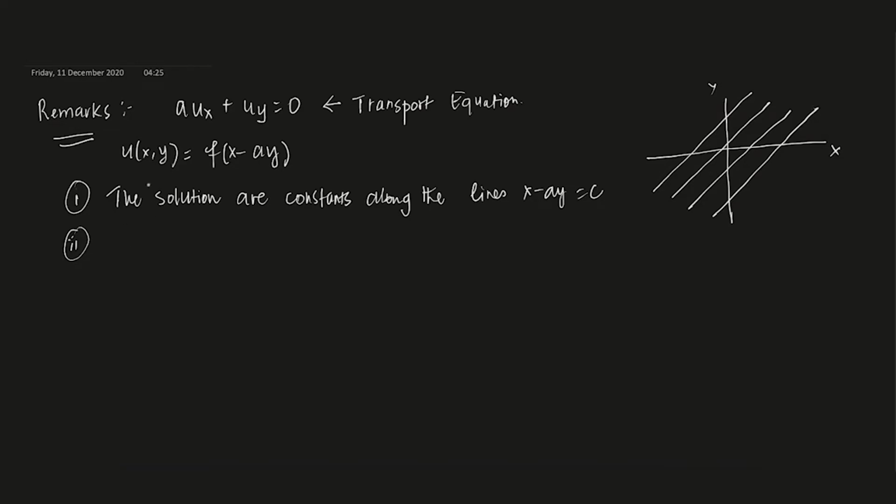Let's say this is the equation given: a u_x plus u_y equals 0. And let us assume that the initial condition, the data, is given on the x-axis, and it is given by u of x, 0.